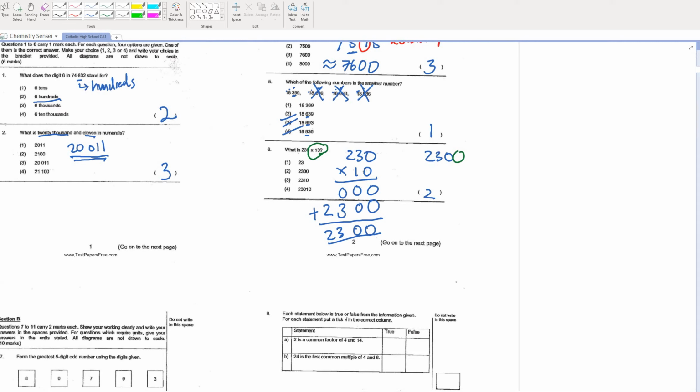Alright, so what happens if you multiply 230 by 100? As 100 has 2 zeros, okay, we simply add 2 zeros behind the number. Okay, so this is the answer.